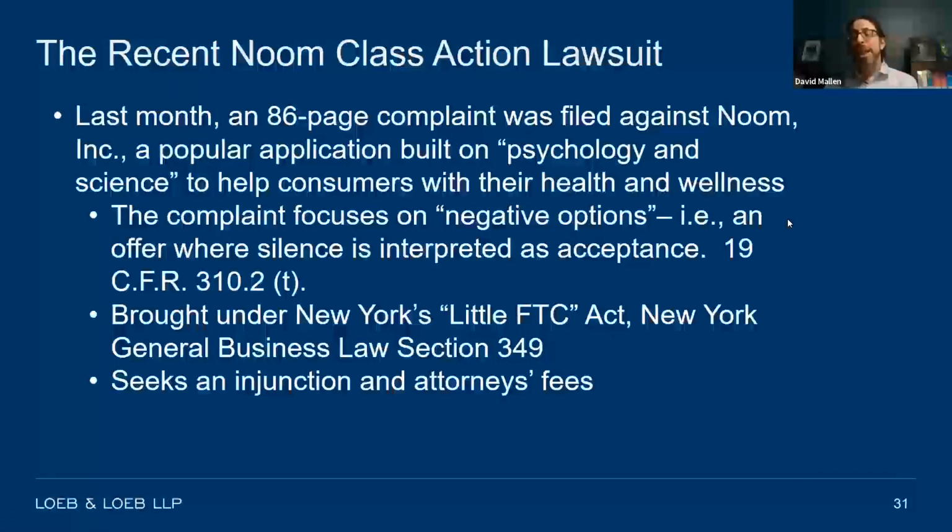The other aspect of NAD's involvement is this. NAD is a process where companies can challenge what competitors are doing before them. So NAD sees it as their role to kind of establish guidelines, establish standards.